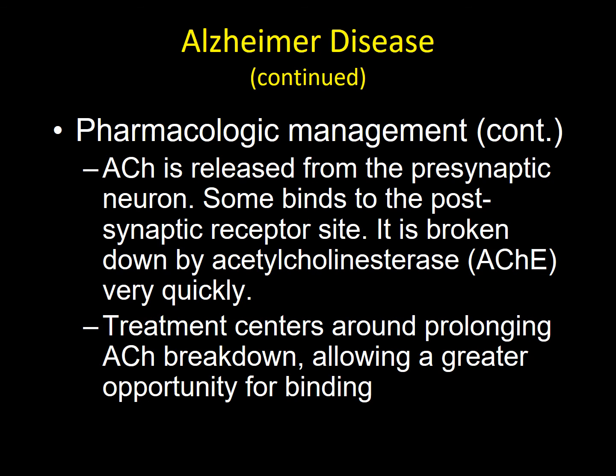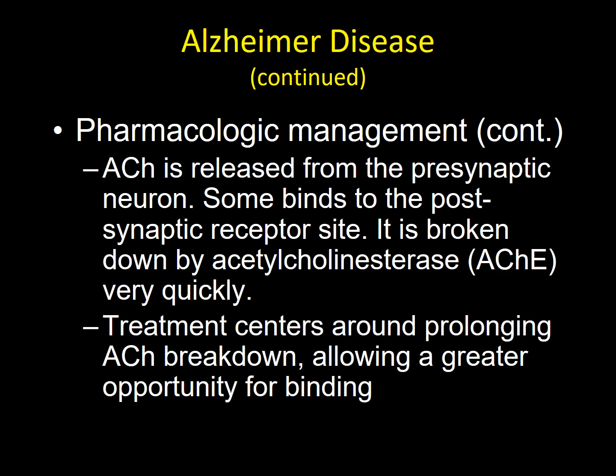So the relationship of these neurons in the limbic pathway is that you've got a presynaptic neuron that releases neurotransmitter, and then a postsynaptic neuron, which is what the transmitter binds to. Acetylcholine is released from the presynaptic neuron. Some of it binds to the postsynaptic receptor and carries the message of memory forward in the limbic system.